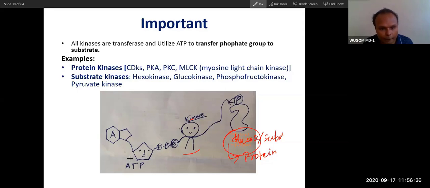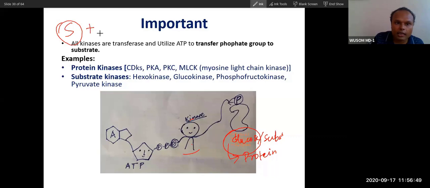After picking, what will happen? The ATP will convert into ADP. So kinase picks the phosphate from ATP and then transfers it to substrates. This is how this reaction works. You can see this is substrate and this is ATP, and this is kinase.